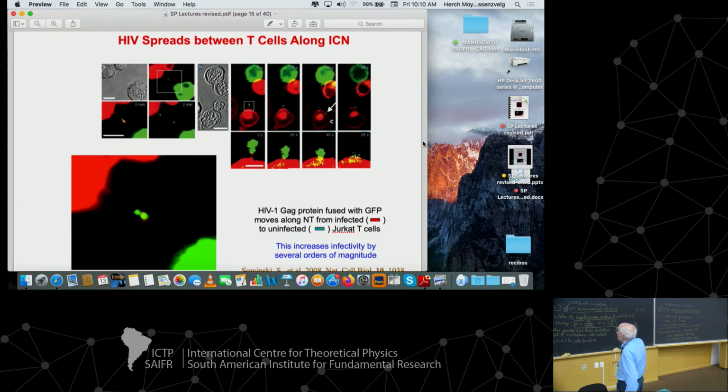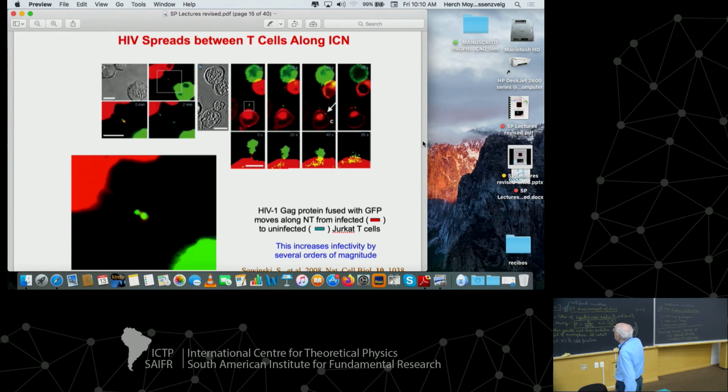The GAG protein in HIV-1 gets fused with the green fluorescent protein.